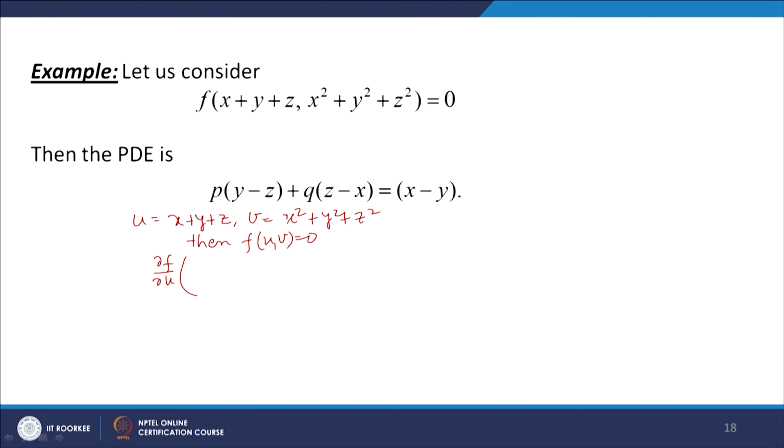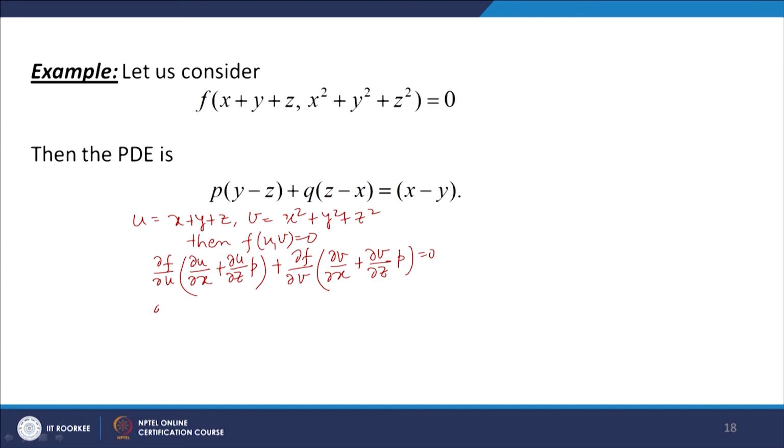Partial derivative of f with respect to u into partial derivative of u with respect to x plus partial derivative of u with respect to z into partial derivative of z with respect to x, plus partial derivative of f with respect to v into partial derivative of v with respect to x plus partial derivative of v with respect to z into p equal to 0.